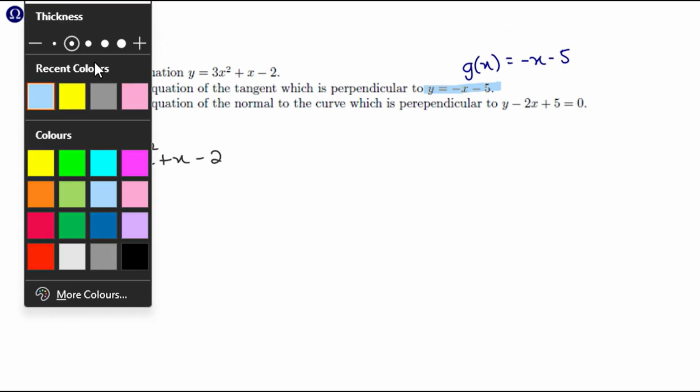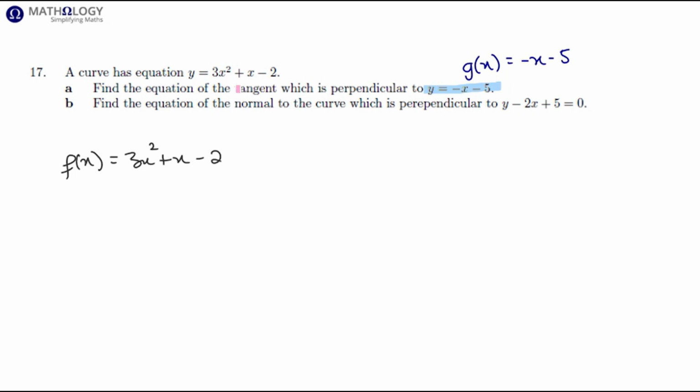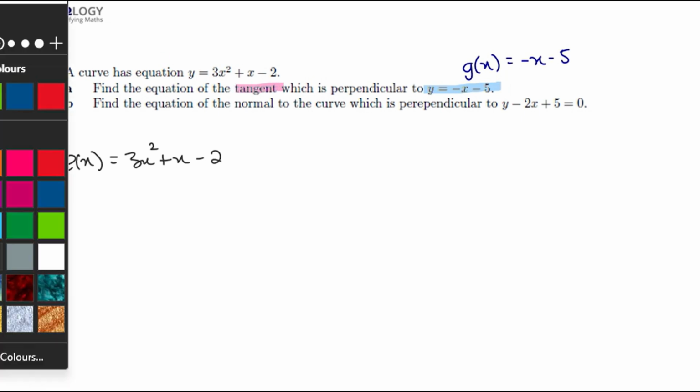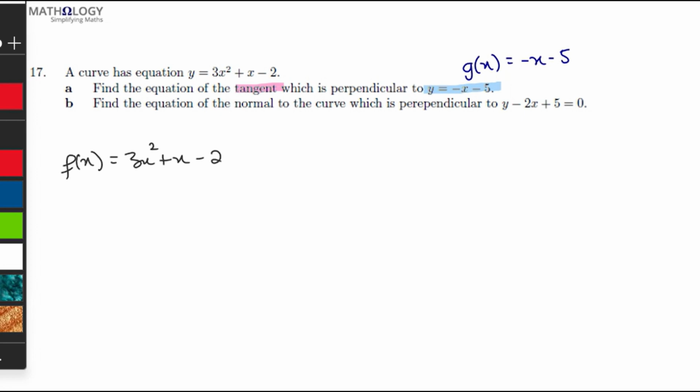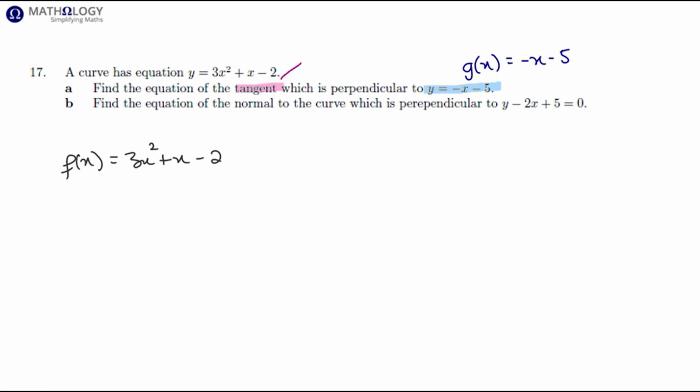The tangent we will call h of x. Now we are told that the tangent is perpendicular to the straight line y equals minus x minus 5.